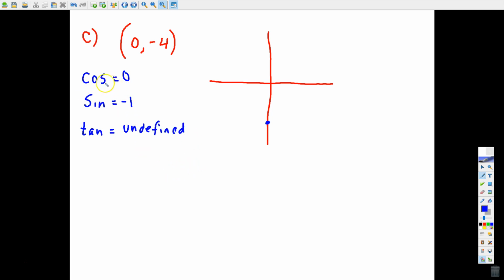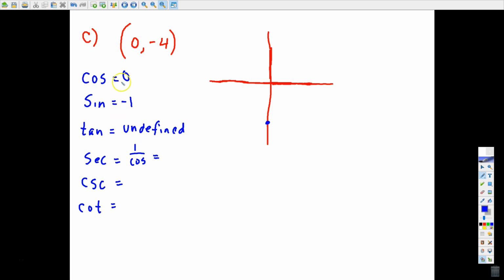All right, so now we do the reciprocals. For our reciprocals, remember secant is the inverse of cosine, and another way of thinking of it, secant is 1 over cosine. That's just another way of saying the inverse of.